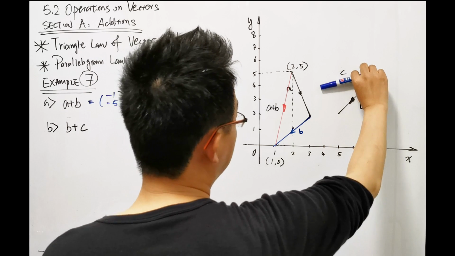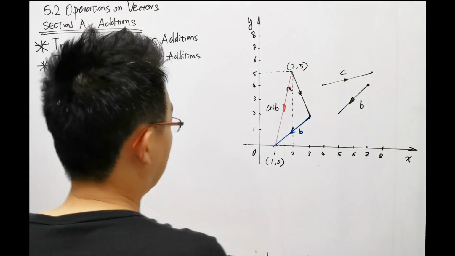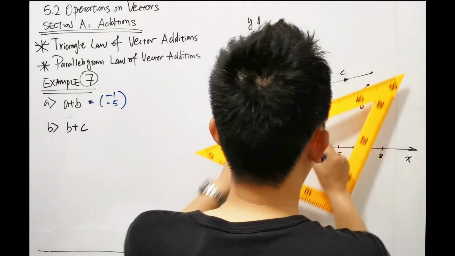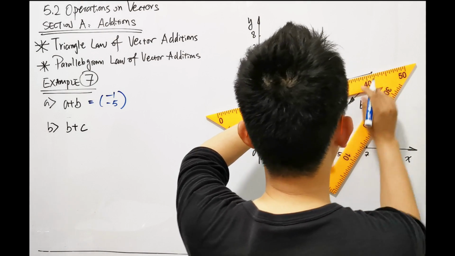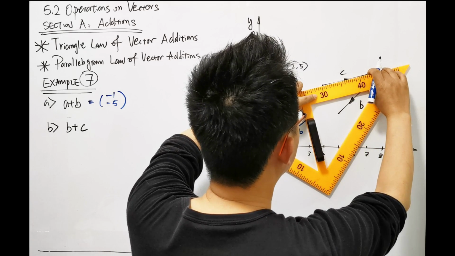So we have to move this point to here, right? Okay, now let's move to this point. Since C is here, this is the ending point. So we just move this.